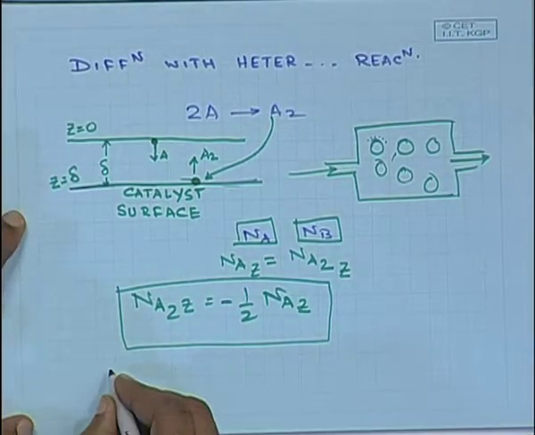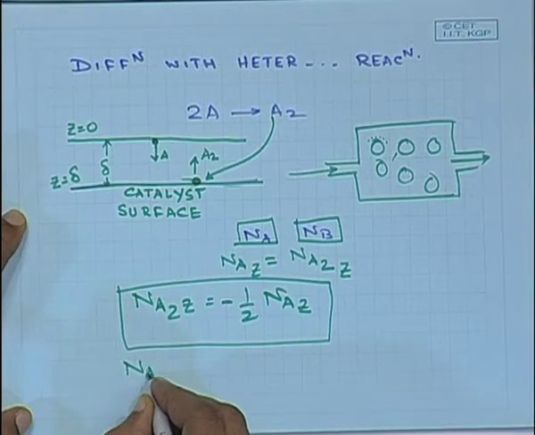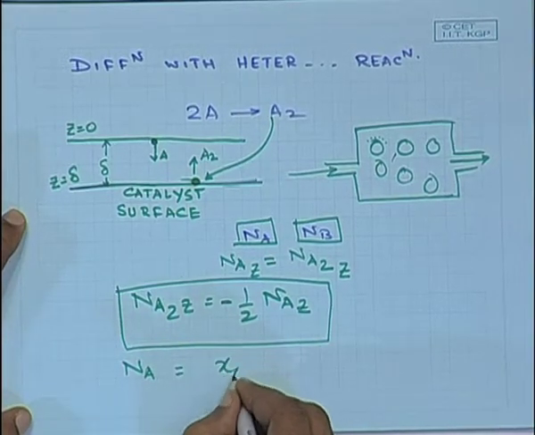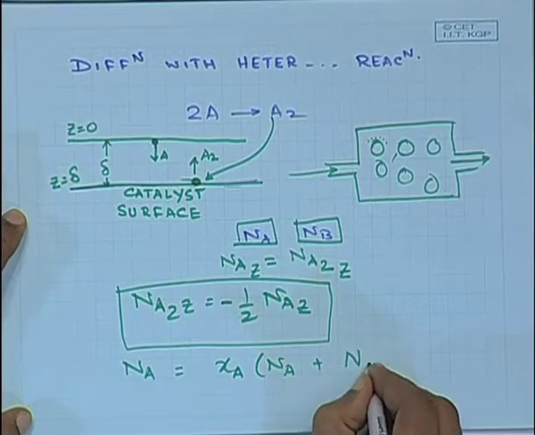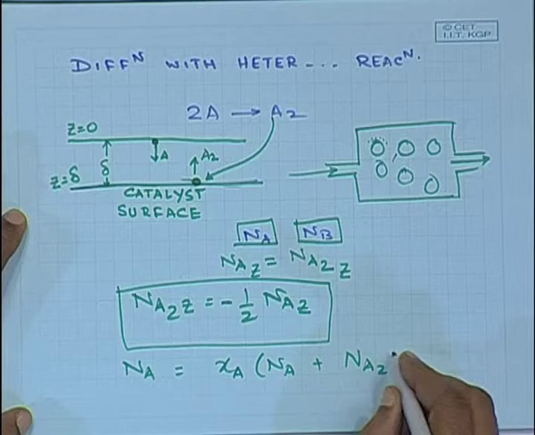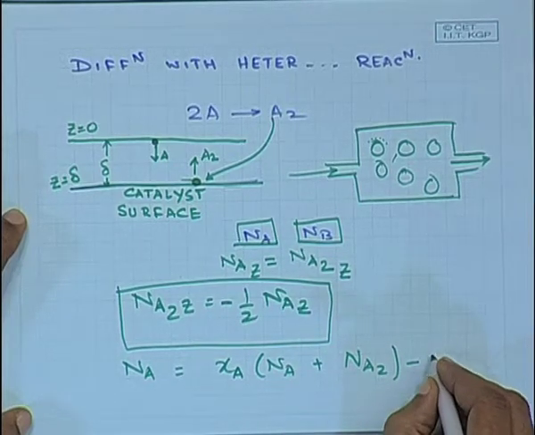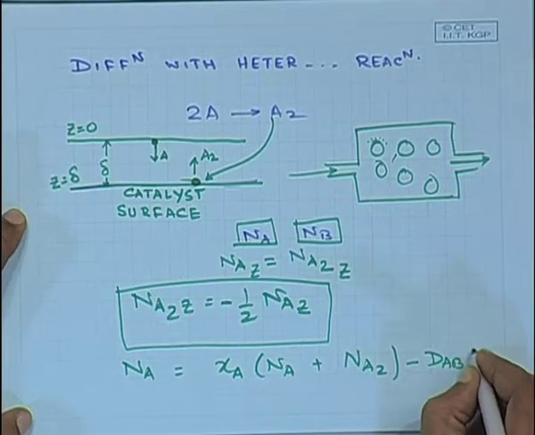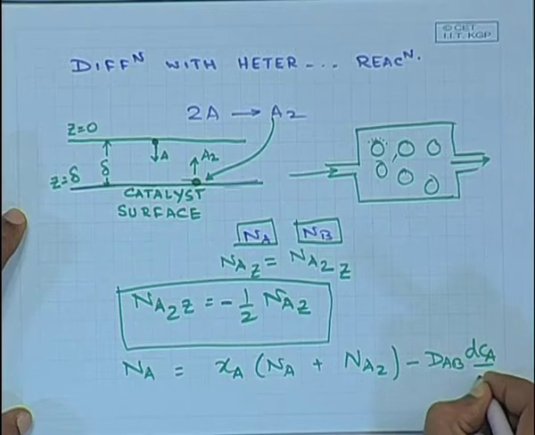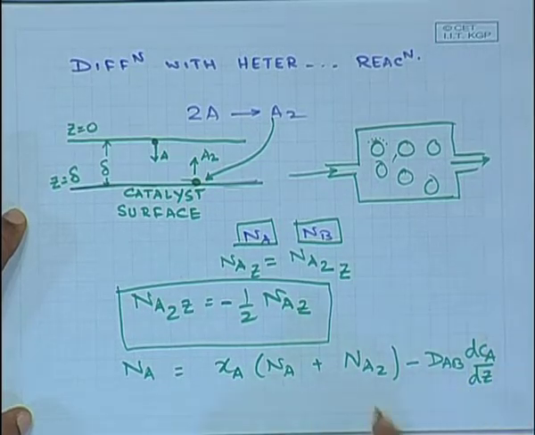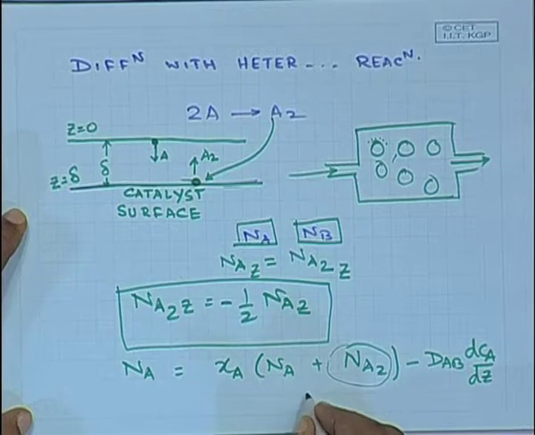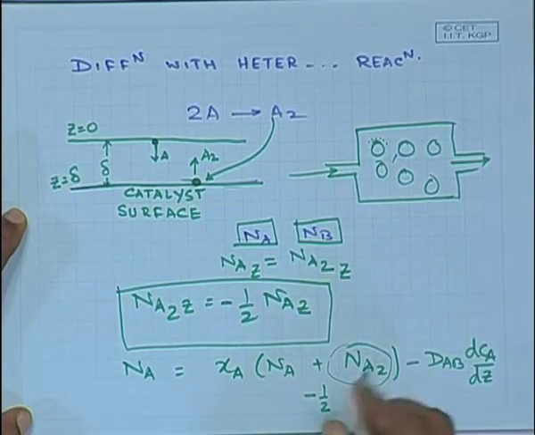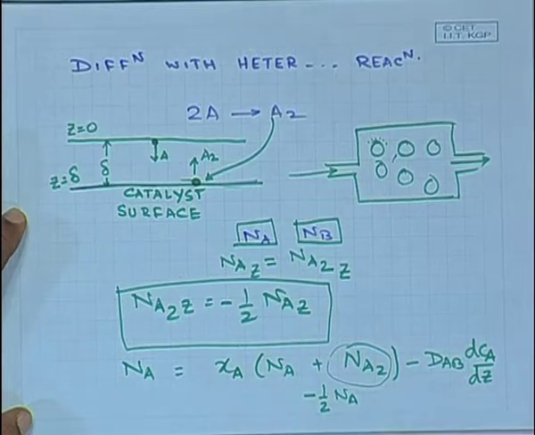If I consider the equation again, x A times N A plus N A2, all in z direction, minus D A B d C A d Z, this N A2 can be substituted by minus half of N A.